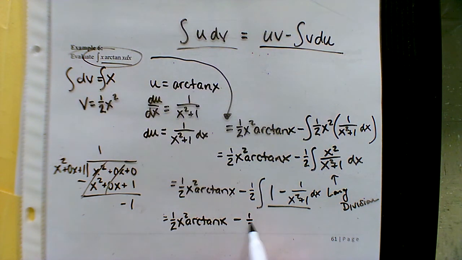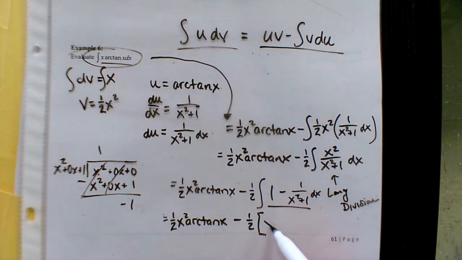Right, let's work backwards. Backwards from 1, we'd have x. Backwards from 1 over x squared plus 1, natural log x squared plus 1? Not quite. Is this written somewhere else on our paper?